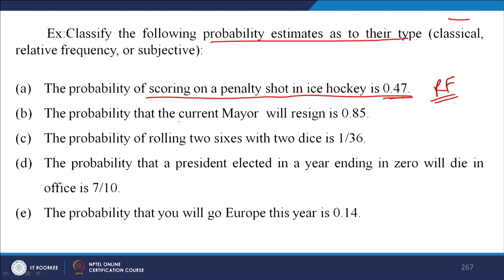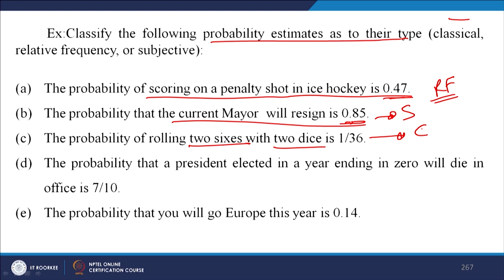The probability that the current mayor will resign is 85%. This is subjective. The probability of rolling 2 sixes with 2 dice is 1 by 36. Would it be relative frequency or subjective? No, it is the classical approach.